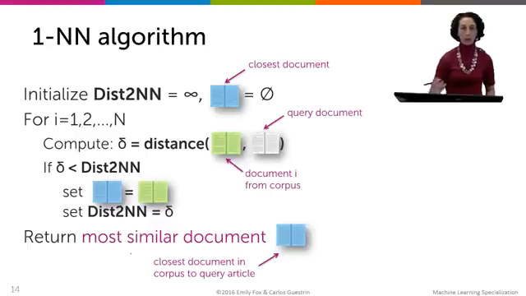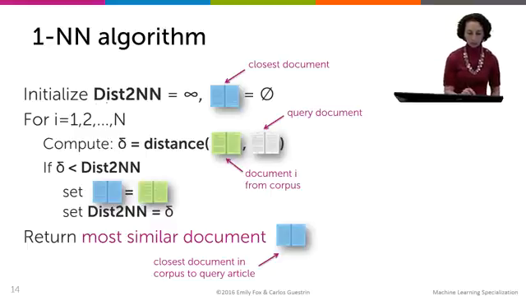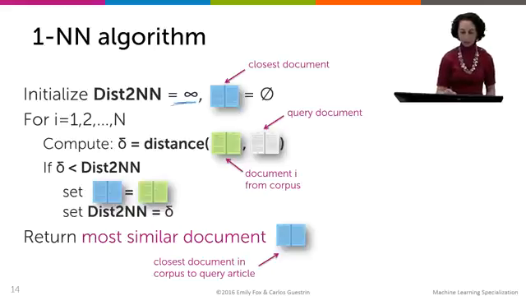So algorithmically, the way we're going to go about this is we're going to define something that we call distance to nearest neighbor. To begin with, we're going to initialize that to be infinite. And we're going to have this blue document be our nearest neighbor found so far. To begin with, that's just going to be the empty set.